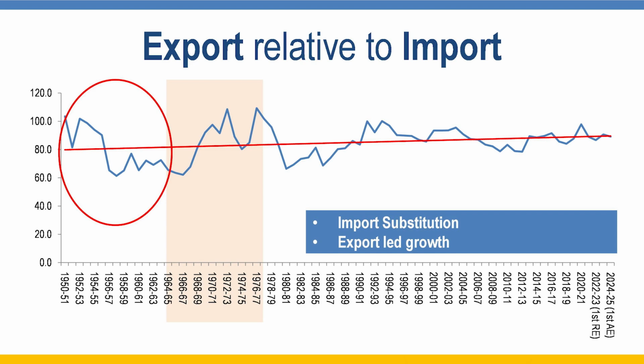Then we tried to import-substitute and expanded export, which happened till around the 80s. This graph goes up, and that was the phase when we saw that India's growth could be export-led. That was a debate during the 1970s in India: whether the major source, the driver of economic growth in the country, was domestic demand or exports.